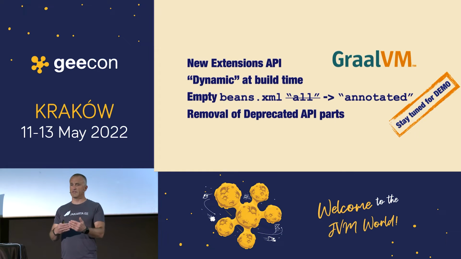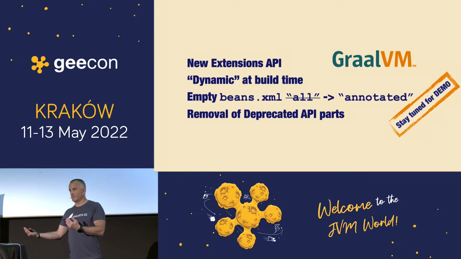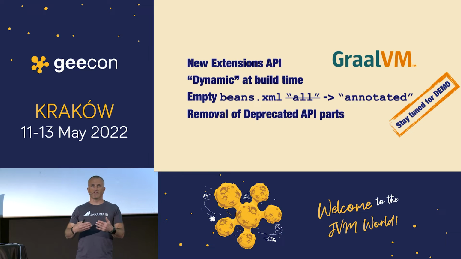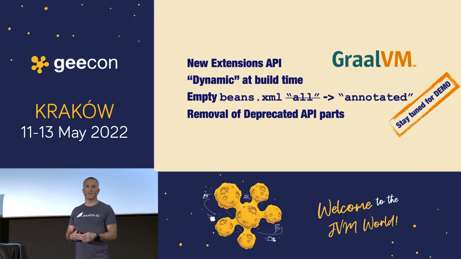So they introduce a new API, which is called build-compatible extensions, that are sort of duplicating what the portable extensions do, but they do it in a way so it can be discovered at build time. Then you are able to compile this to native using GraalVM. So that's kind of the thing with the new extensions API.